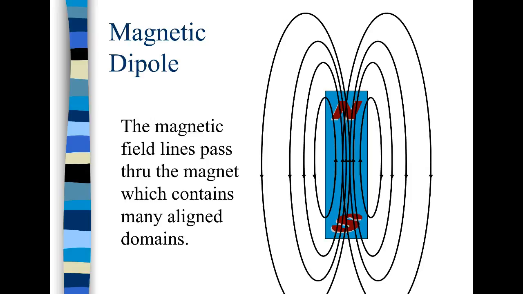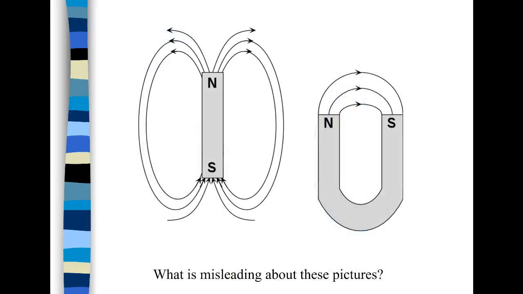And this is going to be important later because in a previous video, we saw that electric field lines spread out, they diverged, but that's not the case with magnetic field lines. Magnetic field lines form closed loops. That's very important.